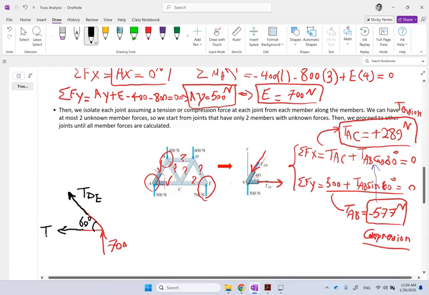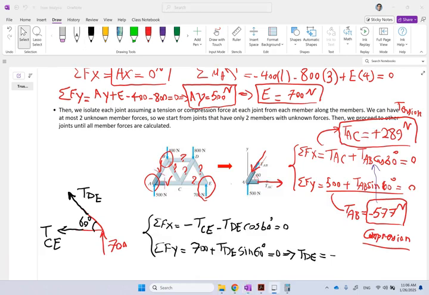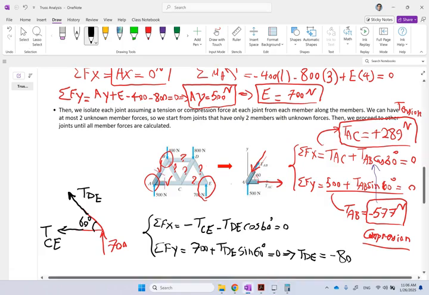And this one is T of CE. The analysis is very, very similar. So here I wrote the equations. If you solve, again, you're going to see TDE is going to be negative. If I round it to a full number, it is going to be negative 808 Newton.